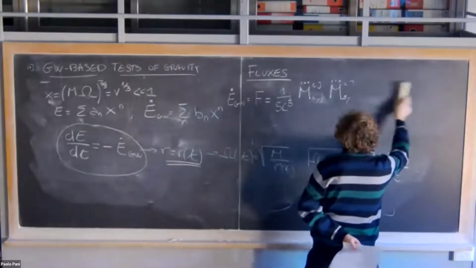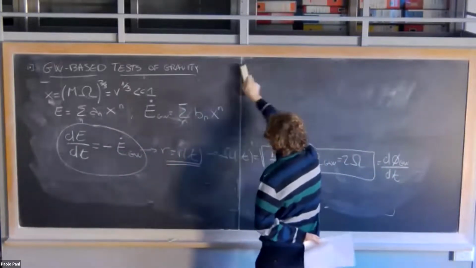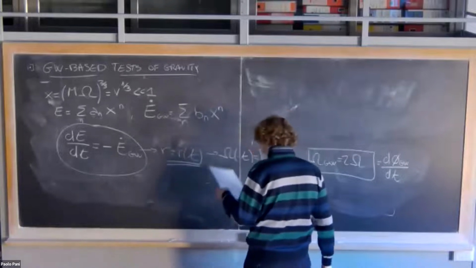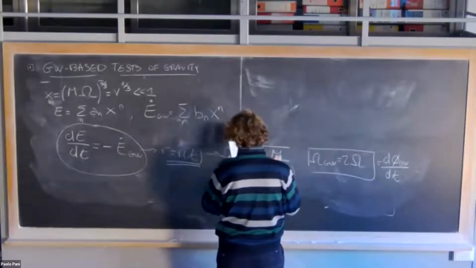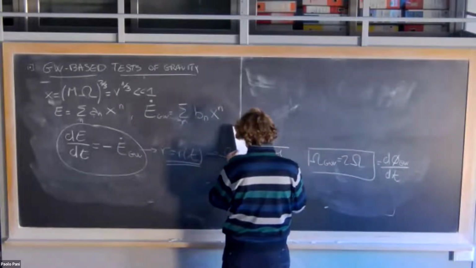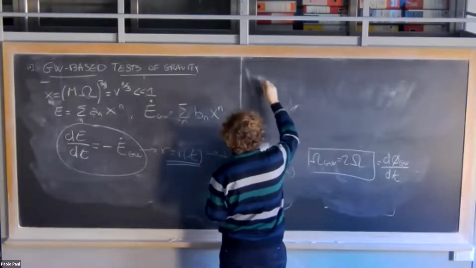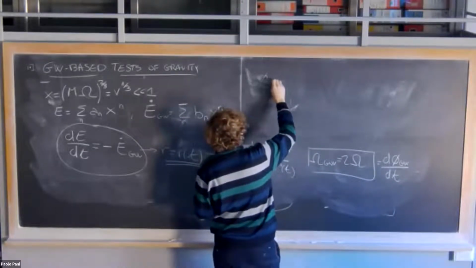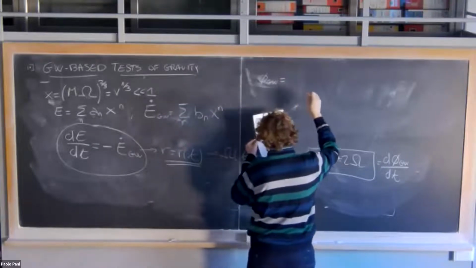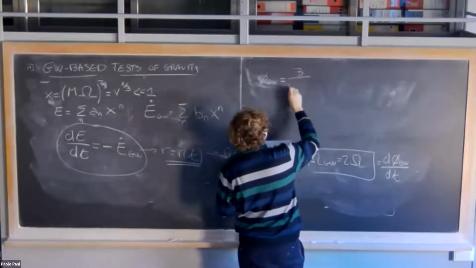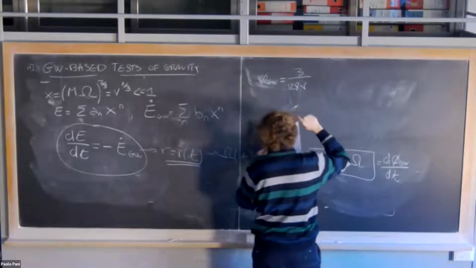All of this is to motivate this schematic formula that tells you about the gravitational wave phase. Let me write first the leading order Newtonian term, which I'm sure you already discussed in this morning's lecture.